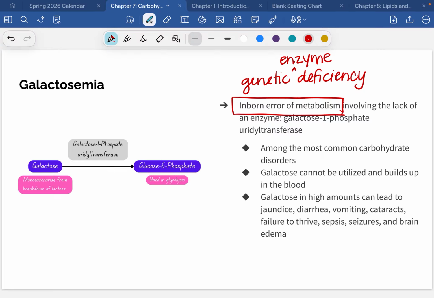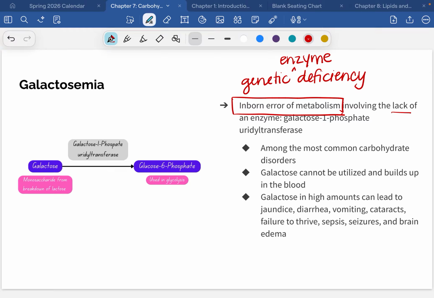An inborn error of metabolism is a disease in which a person is born without a particular enzyme, which will affect a particular metabolic pathway. In galactosemia, the enzyme that is lacking is galactose 1-phosphate uridyl transferase.